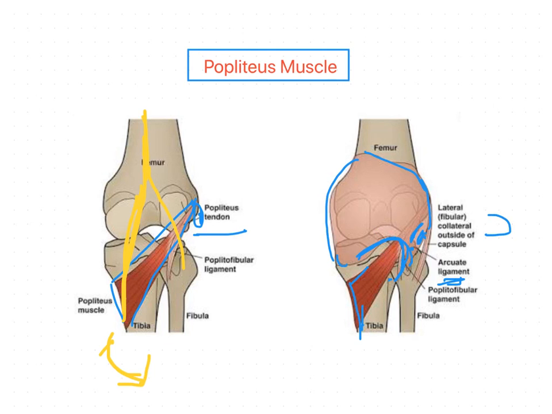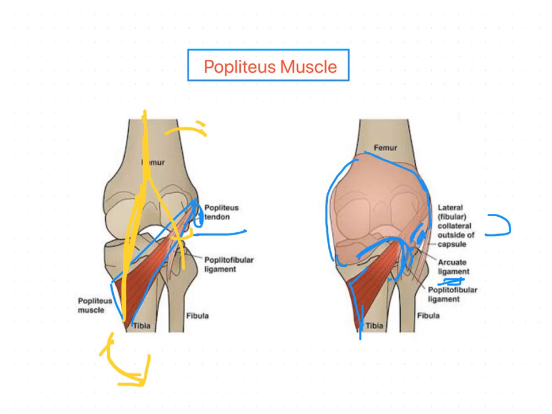Okay, or we can call it medial rotation of the leg or lateral rotation of the thigh. Okay, so this is the action, and it draws the posterior portion of the lateral meniscus backwards.